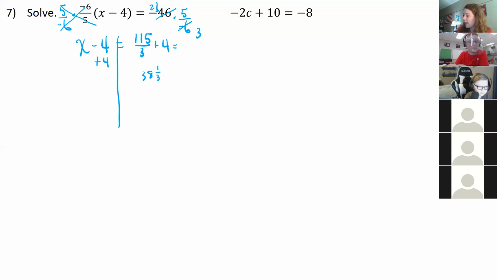So I'm just going to leave my fraction in my calculator, 115 over 3. And then I'm going to put plus 4, and my answer is 127. Woo! 127 over 3, which if I wrote it as a decimal would be 42.3 or 42 1/3. Okie dokie.